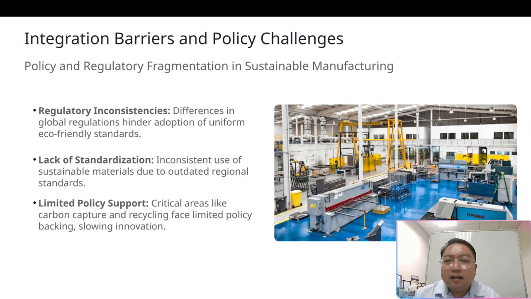Regulatory inconsistency: differences in global regulation hinder adoption of uniform eco-friendly practices. Lack of standardization: inconsistent use of sustainable materials due to outdated regional standards. And limited policy support: critical areas like carbon capture and recycling face limited policy backing, slowing innovation.